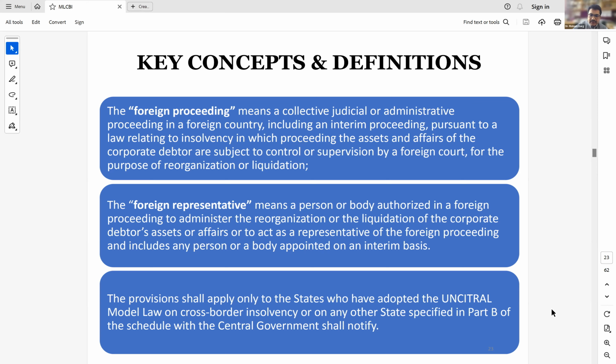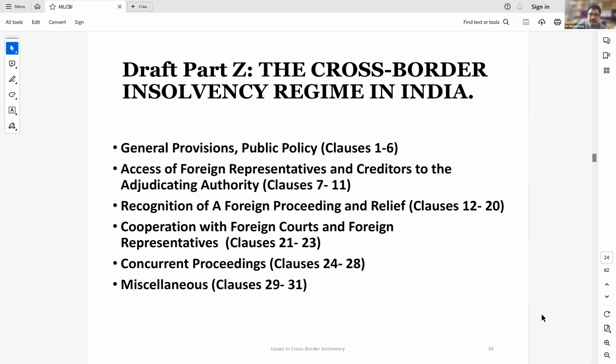The provisions shall apply only to the states which have adopted the UNCITRAL model law on cross-border insolvency, or any other state specified in Part B of the schedule, which the central government shall notify. So this is the draft Part Z, the setup, so that we may have the law very soon. There are general provisions. This cross-border law is divided into six parts.